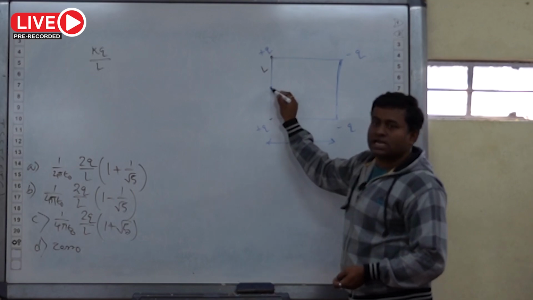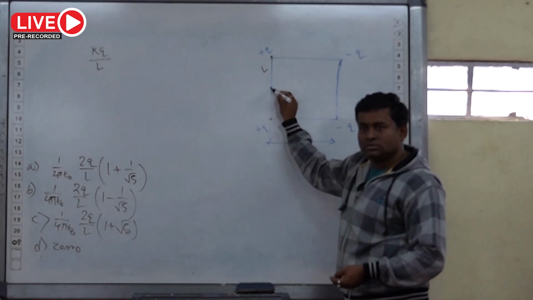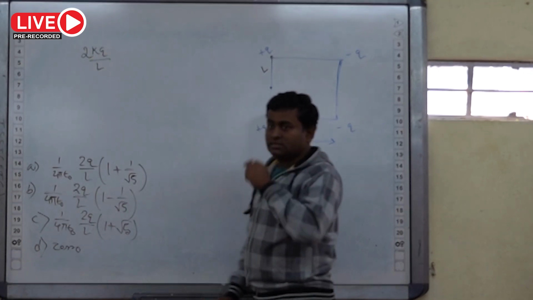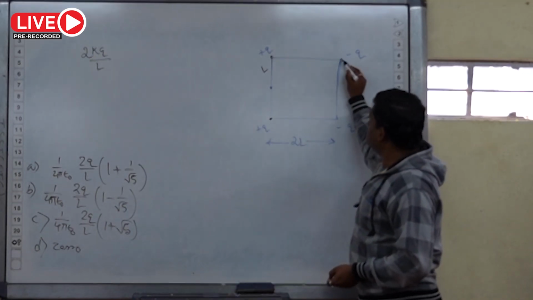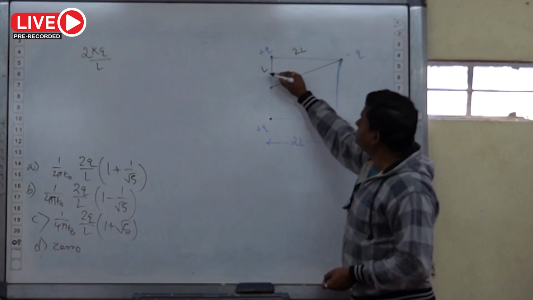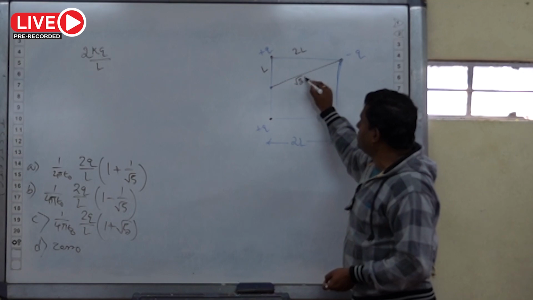For this one, potential at this point will have the same value. So it will be 2 kq by L. Now, for this charge at this point, this length is 2L, this is L. So this one will be root 5L.